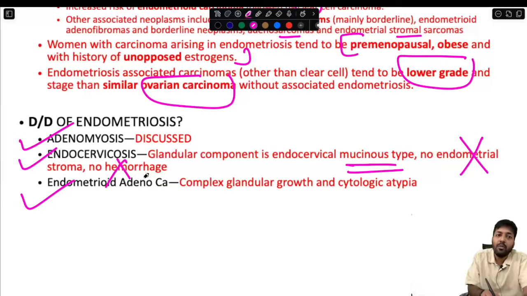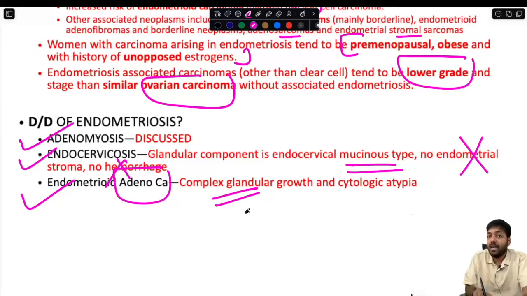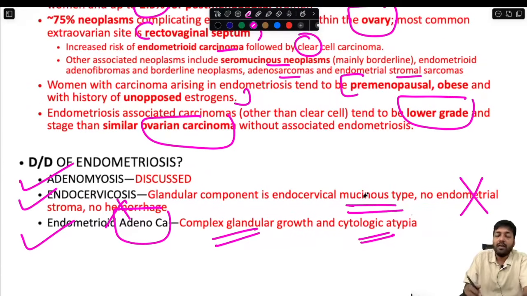Now remember, endometrioid adenocarcinomas have a more complex glandular growth, and they have much more cytological atypia compared to endometriosis.